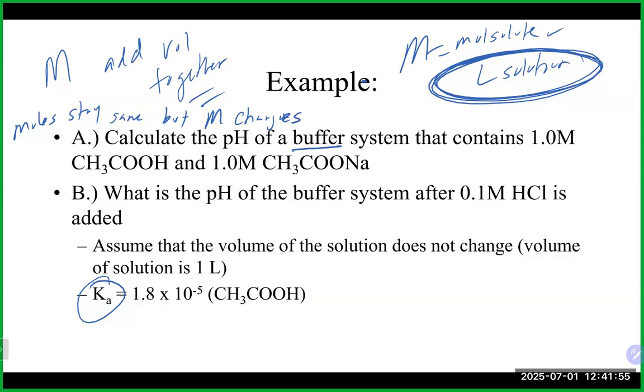So how do we do this? We need to do an ICE table, and the purpose of the ICE table is to see how the buffer is changed by whatever acid or base you added to it. The rule is that if you need to do an ICE table in moles, you should do it in moles. But as soon as you're done with that first ICE table in moles, you should convert back to molarity at the end by using the total volume.